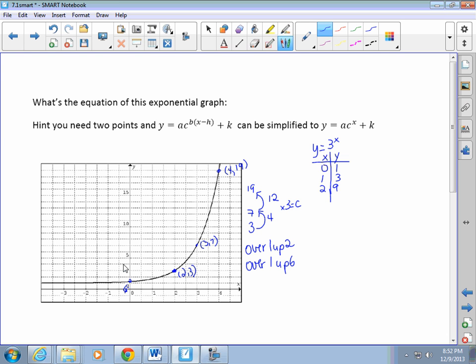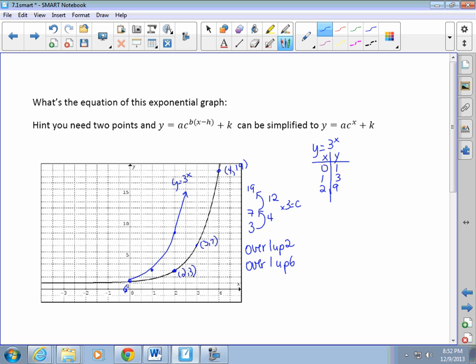So this would be 0, 1, and then 1 and 3. So 1 is here, 1, 2, 3 would be there, and then 2 and 9. So 1, 2, 3, 4, 5, 6, 7, 8, 9 would be there. So it would be going like this for your base graph. So this is y is equal to 3 to the x.